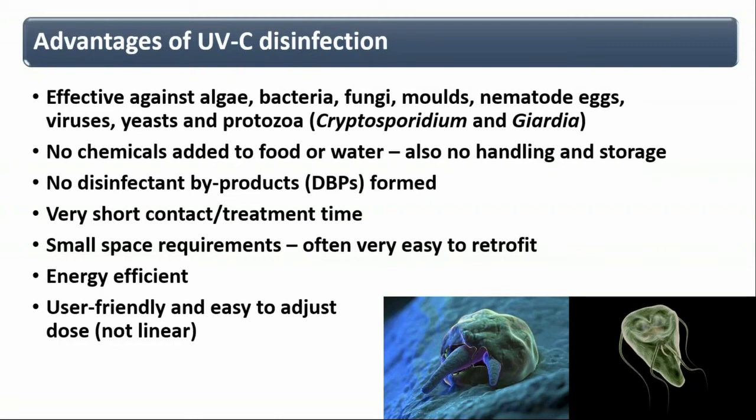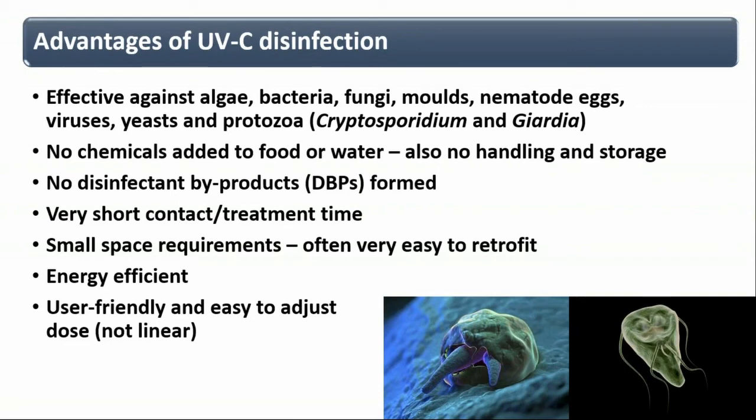Secondly, no chemicals are added to the food or water, which is obviously an advantage. There's also no storage or handling or hazards involved in storing these chemicals. In water specifically, no disinfectant byproducts are formed when organic material is exposed to UV, which is a very big advantage.